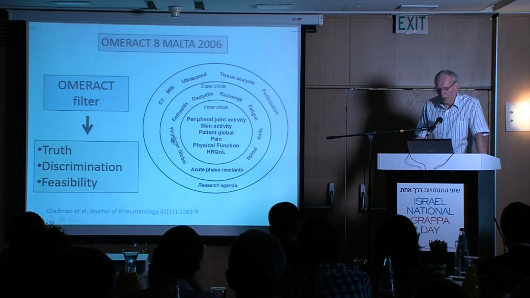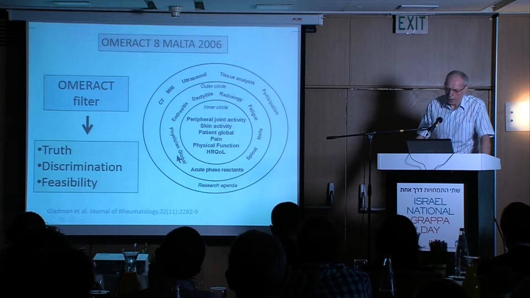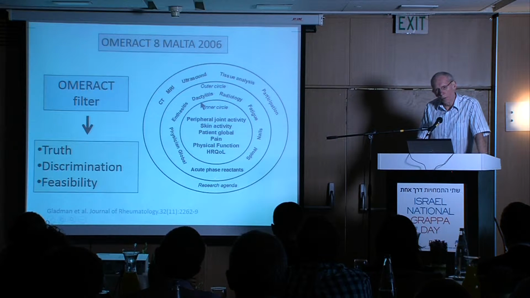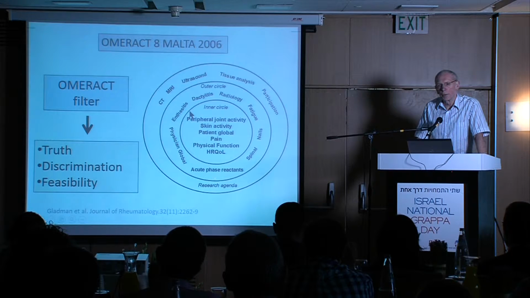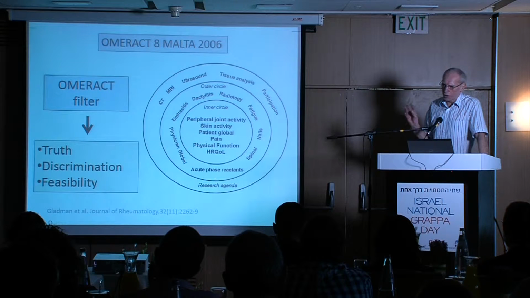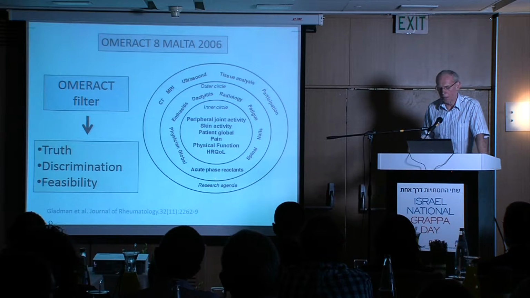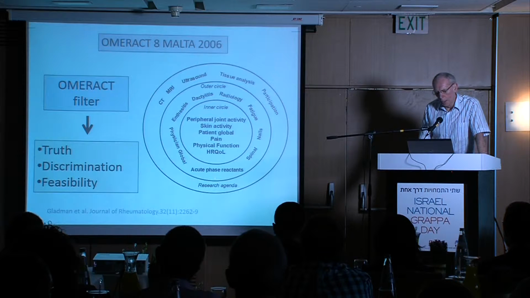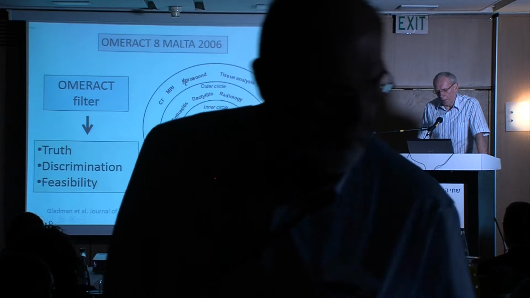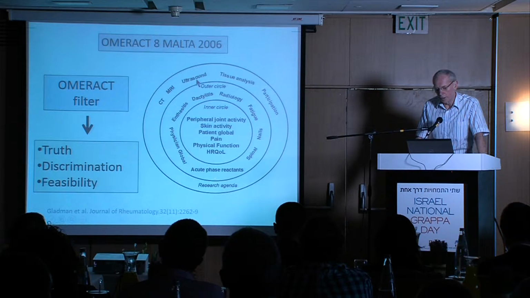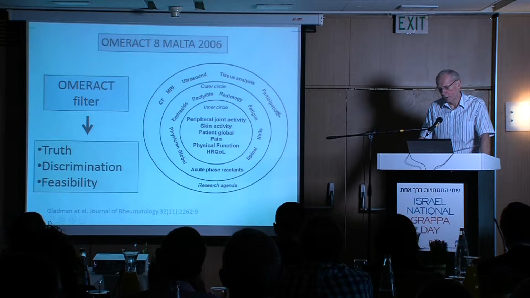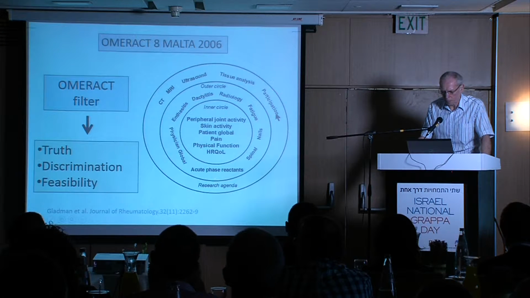Outside this inner circle, we had an outer circle where there are areas that were felt to be important, particularly dactylitis and enthesitis, but for which we hadn't actually got a reliable tool at the present time. And beyond that, we have an outer circle, which is really a research agenda, and that included imaging, tissue analysis, and this concept of participation.